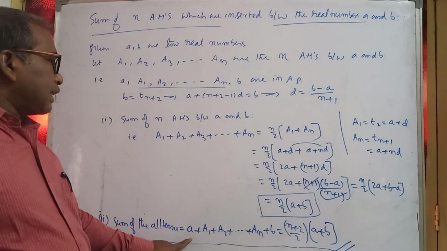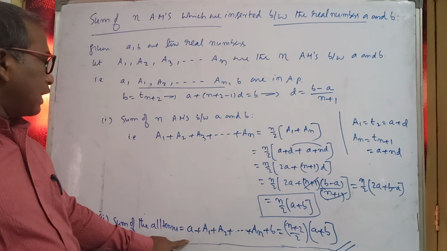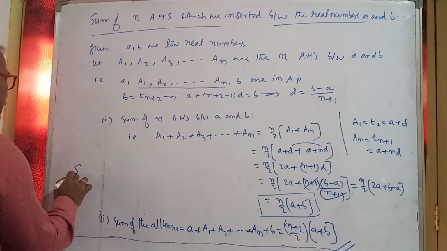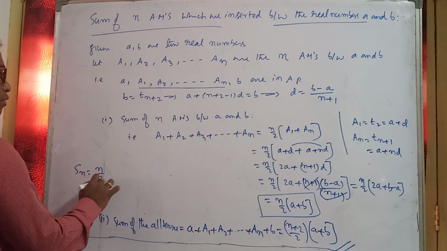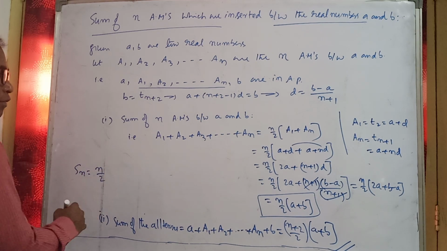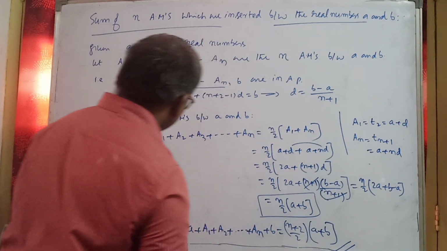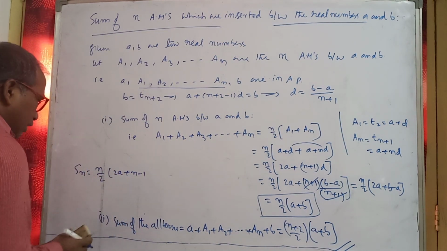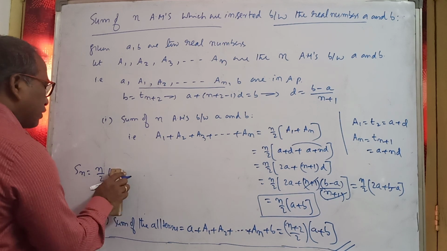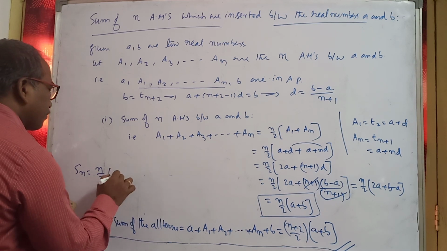So here I used the Sn formula. You know what the Sn formula is: Sn equals n by 2 into (2a plus (n minus 1)d). If you wish you can write that here also, but here I used first term plus last term.